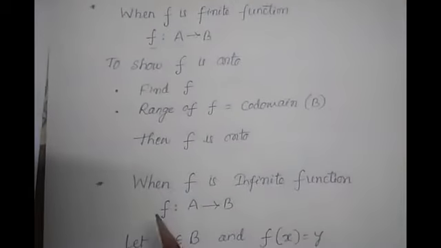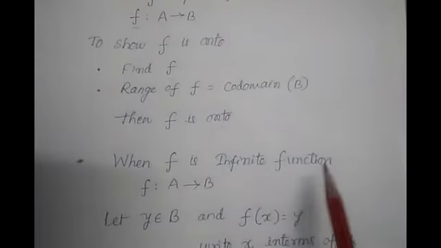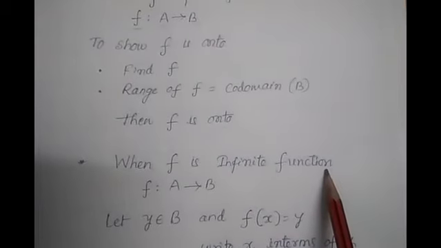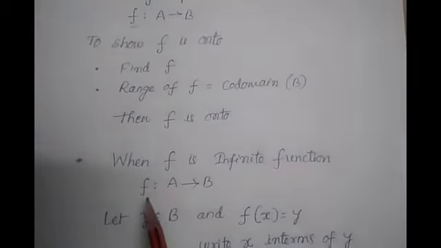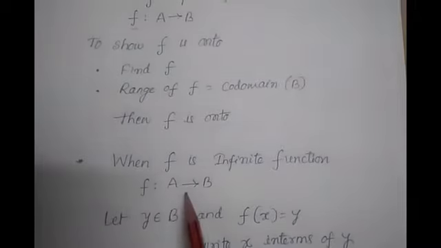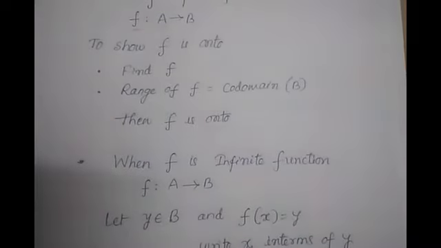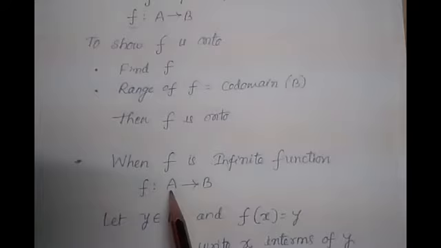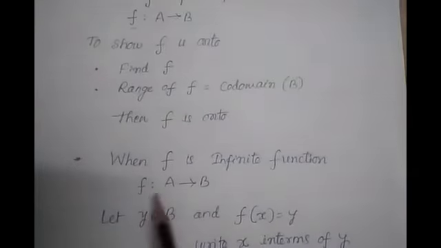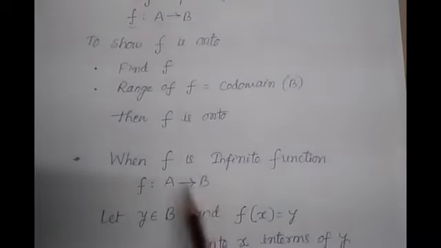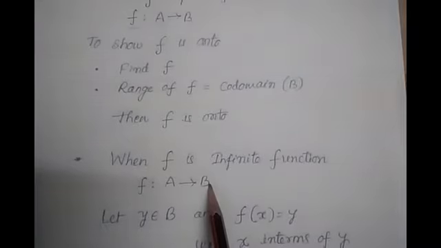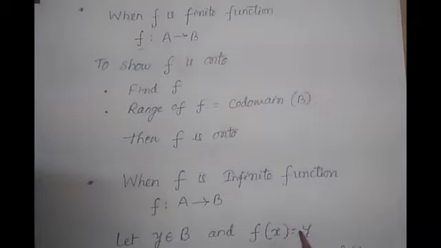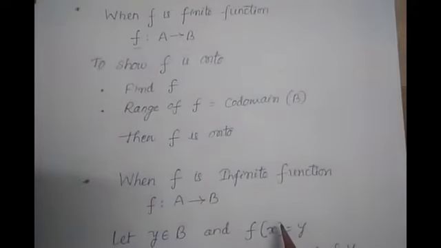If f from A to B is an infinite function, that means here the function f is defined on infinite sets, then how to prove f is onto?